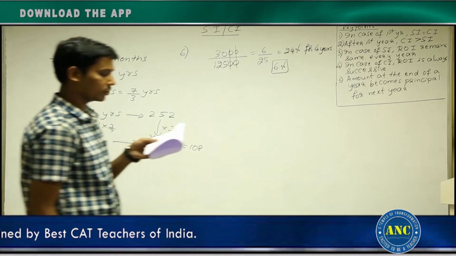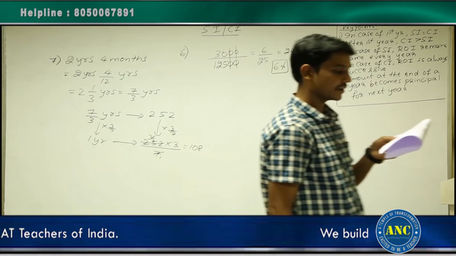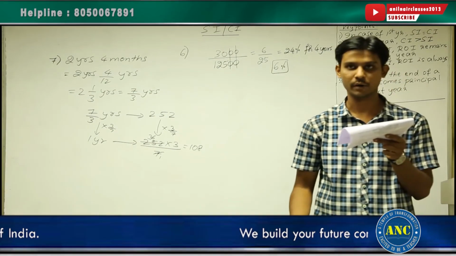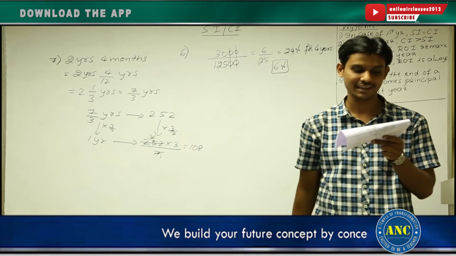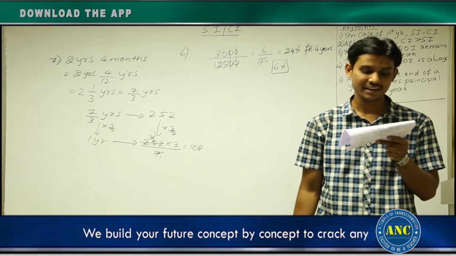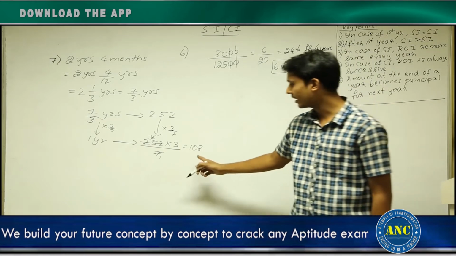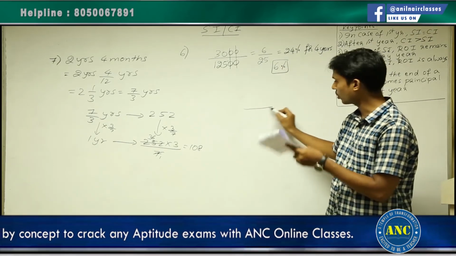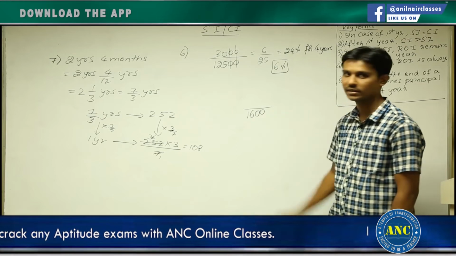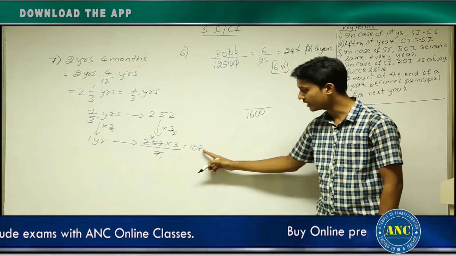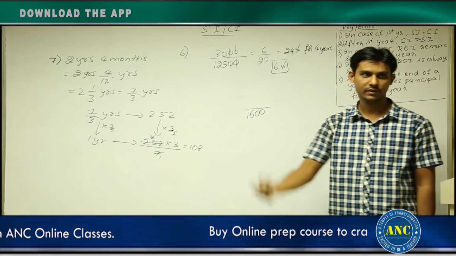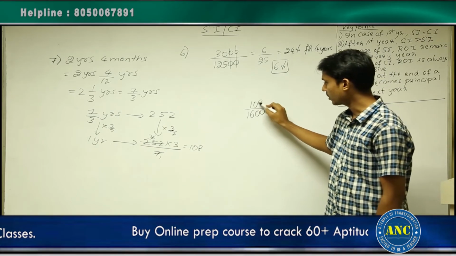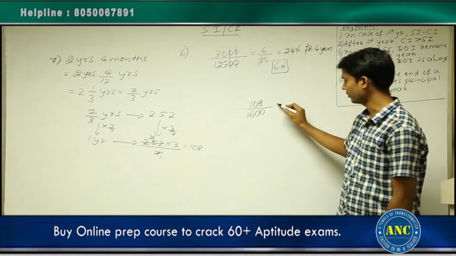Now read the question again. A sum of 1,600 gives a simple interest of 252 in 2 years and 4 months. Or I can rephrase my question like this: a sum of 1,600 gives a simple interest of 108 in 1 year. That means initially it was 1,600, and upon 1,600 there is an increase of 108 in the year. Calculate this value.